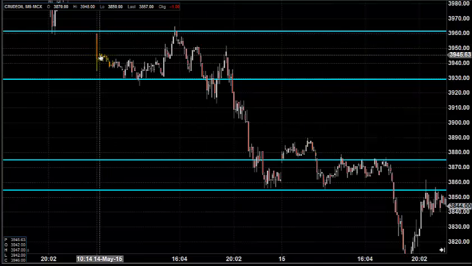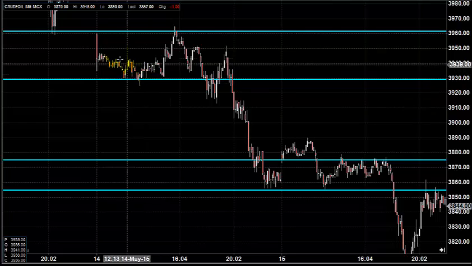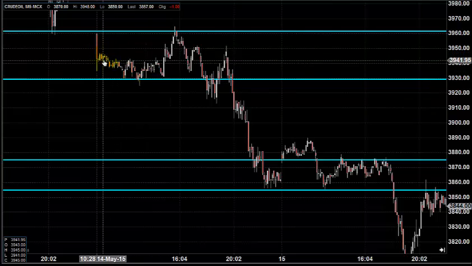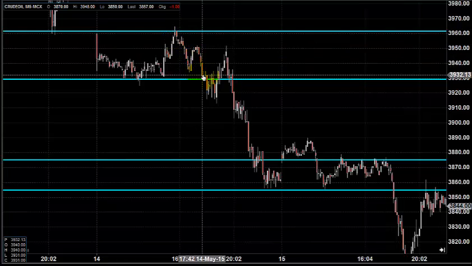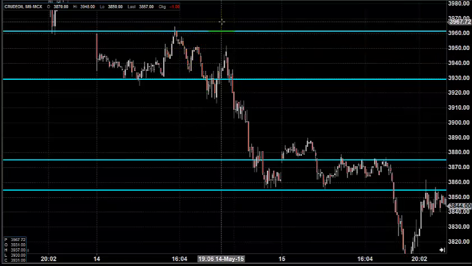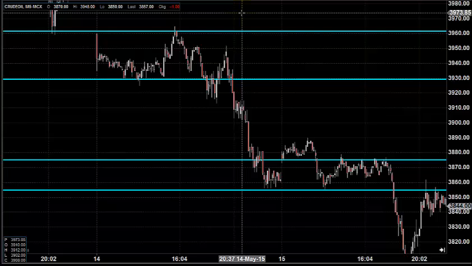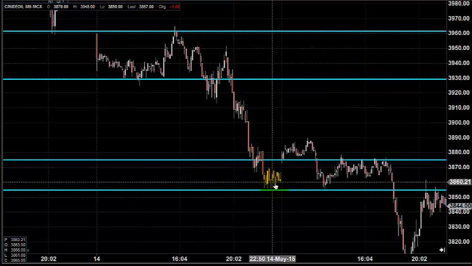Now let us see what happened in the last 3 days, right from May 14th. So the price opened around 3940, took the resistance around 3960. A failure to break above 3960 resulted in a failure, and price closed around 3860.